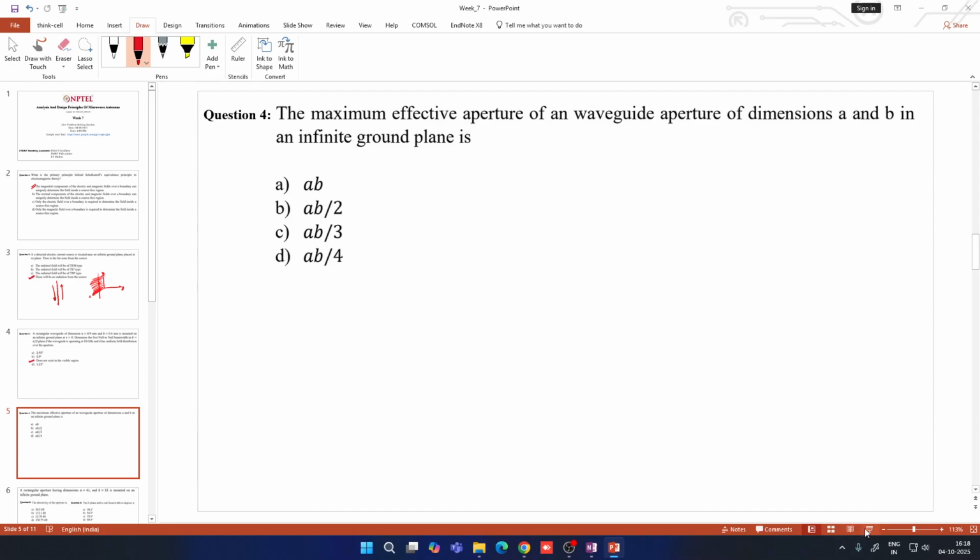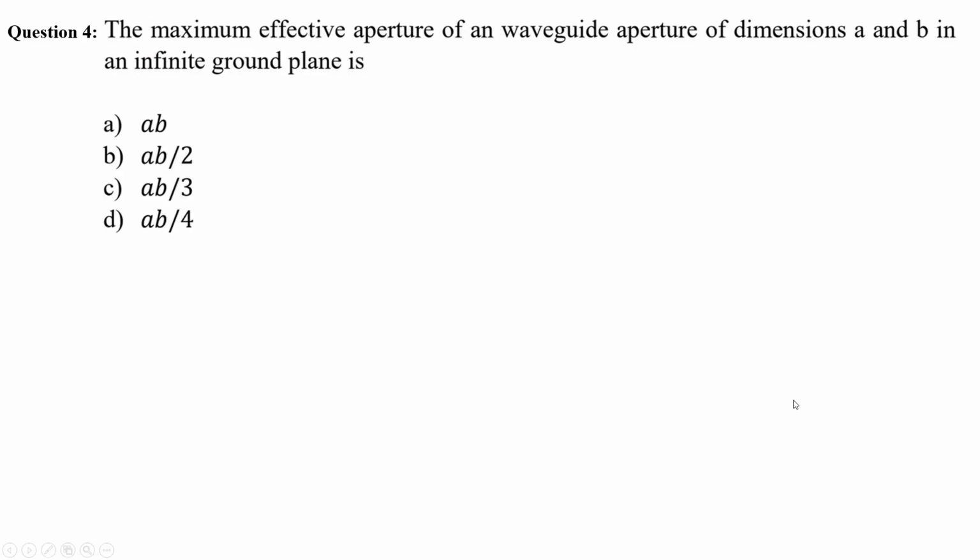Question 4. The maximum effective aperture of a waveguide aperture of dimensions A and B in an infinite ground plane is. We have seen in the first or second lecture of this week the aperture efficiency of a slot.